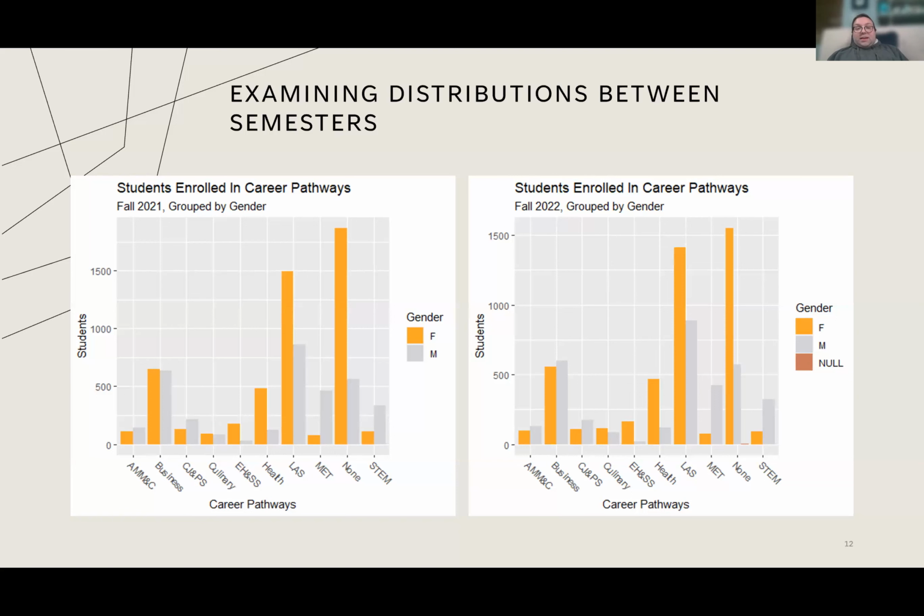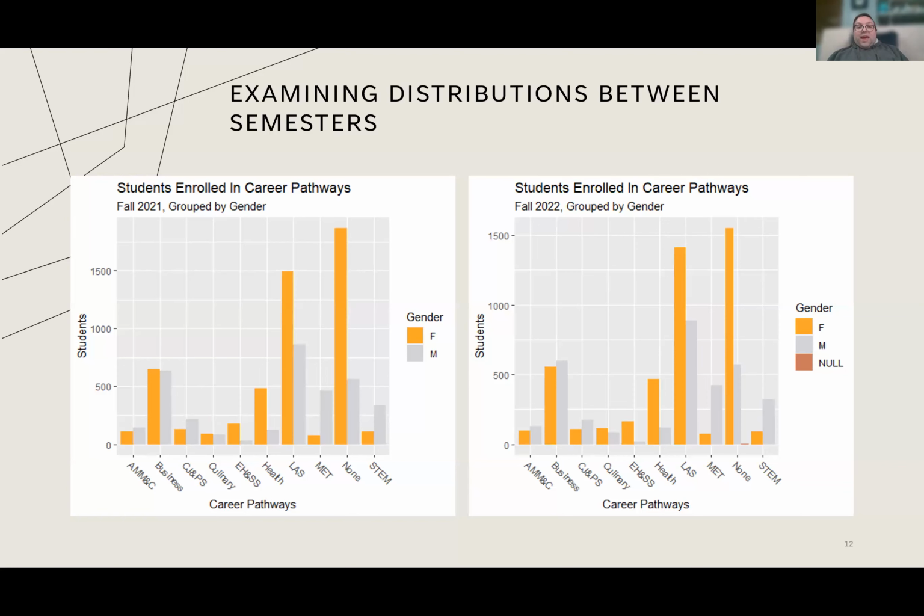So you can see that some of the career pathways are wildly different in enrollments by gender. But if you look between the two semesters, the distribution looks the same.